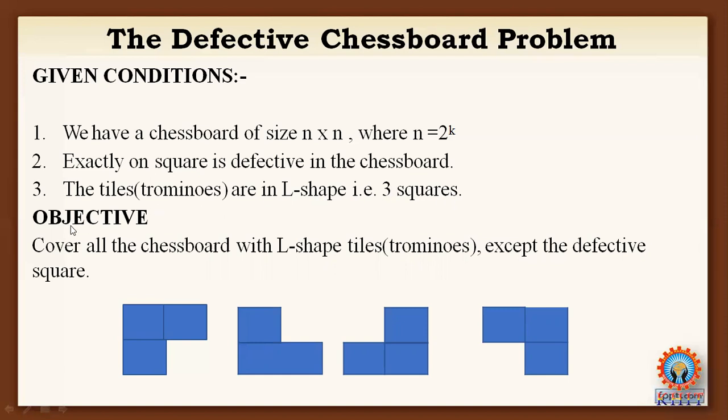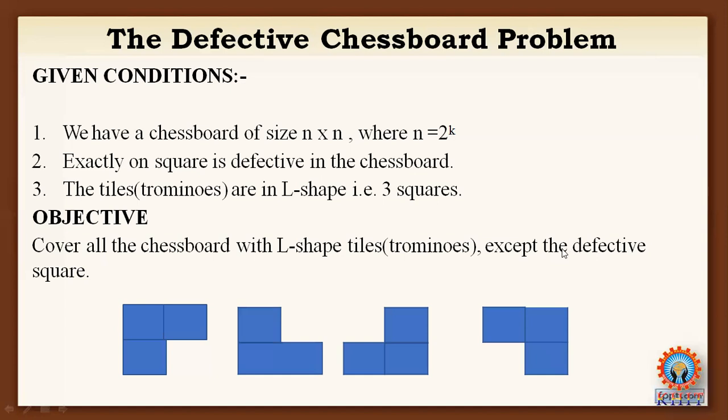So the main objective of the defective chessboard problem is to cover the chessboard with trominos, that means L-shaped tiles, except the defective square.